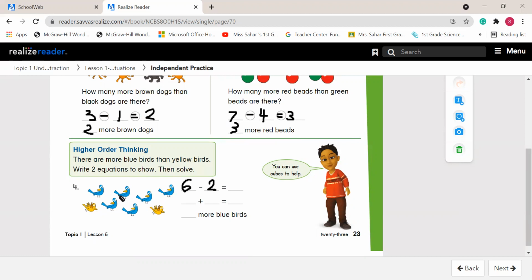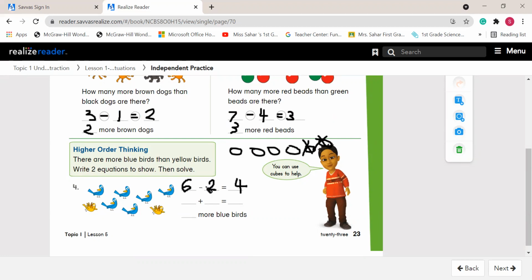So now I can tell that I have more blue birds. 6 minus 2, if I take 6, you can draw a circle. 1, 2, 3, 4, 5, 6. Then cross 2. That leaves you with 1, 2, 3, 4. So we have 4 more blue birds than the yellow birds.